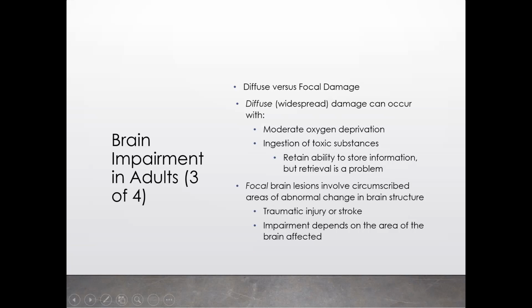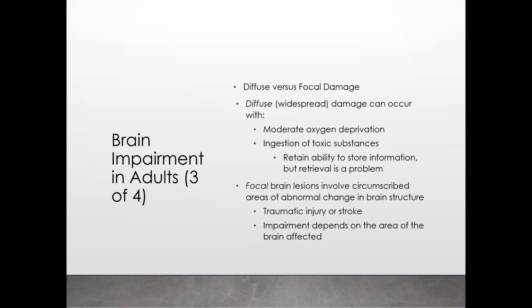One thing that we want to pay attention to is diffuse versus focal damage. When we're referring to diffuse, we're talking about widespread damage to the brain. So did it impact just one area of the brain, or did it impact a large area or multiple areas of the brain? One way that we can see diffuse brain damage occur is through oxygen deprivation or through the ingestion of toxic substances.